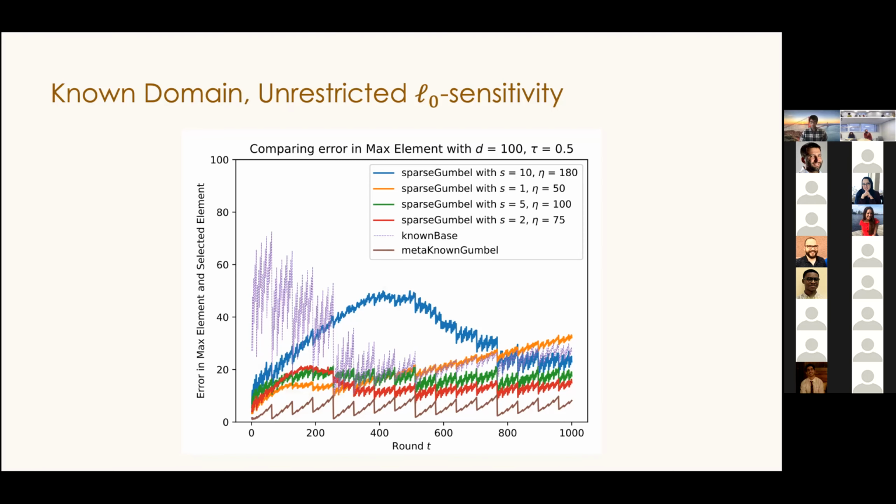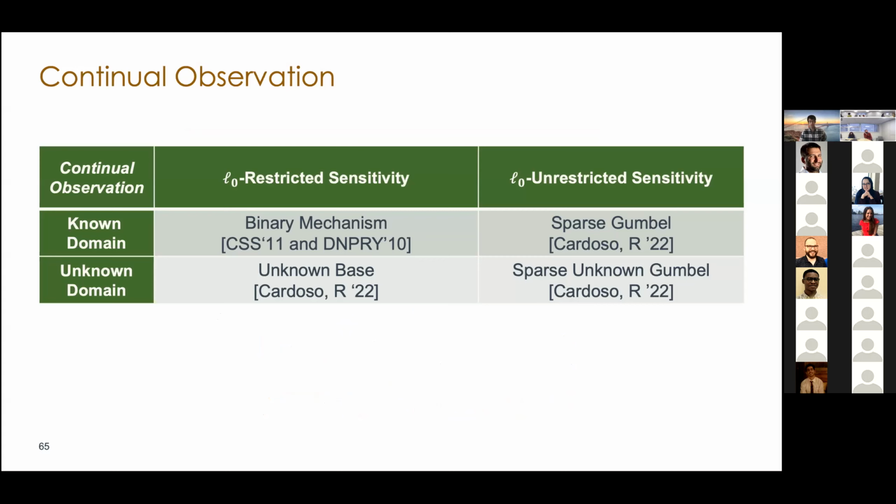In this new AISTATS paper that we have, we fill the rest of this table. For the sparse Gumbel, to make it work for the unknown domain setting, we replace the exponential mechanism with unknown Gumbel.